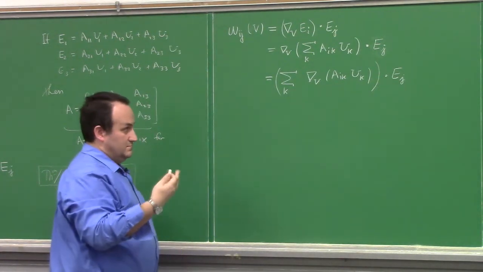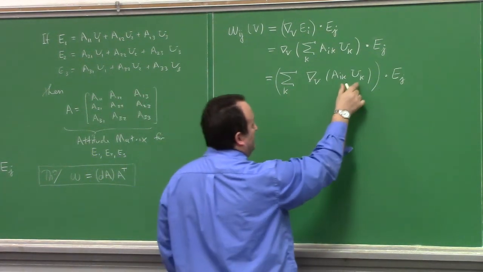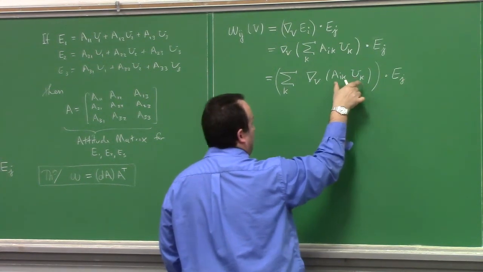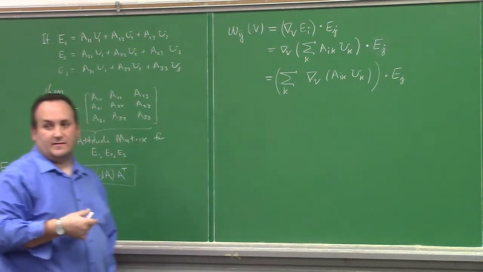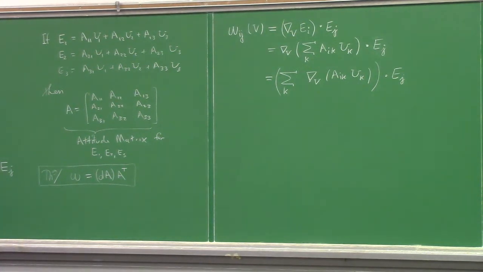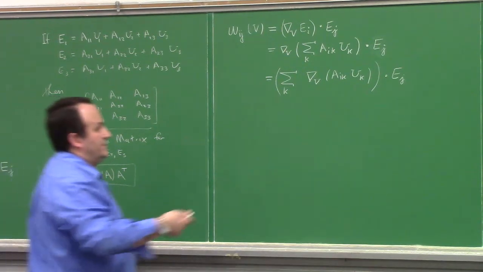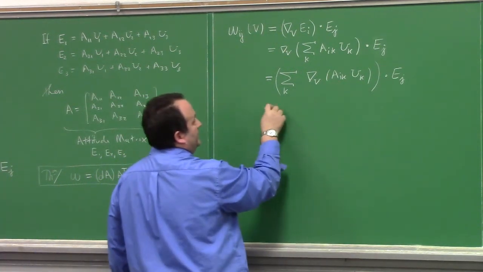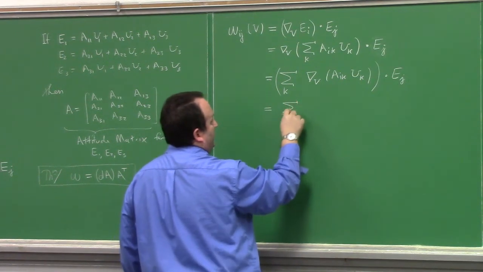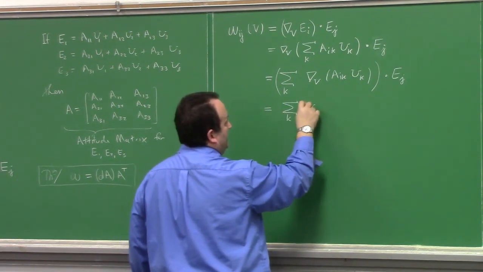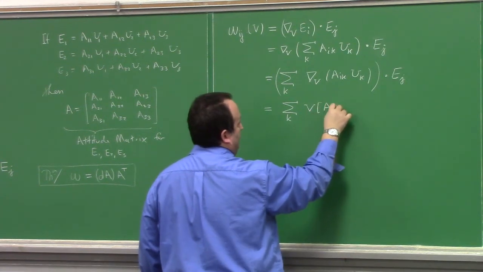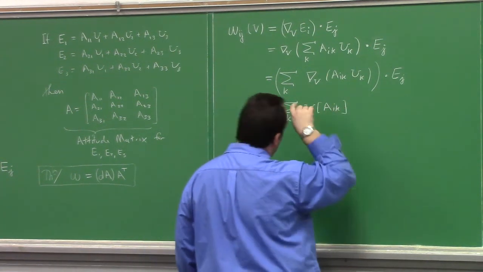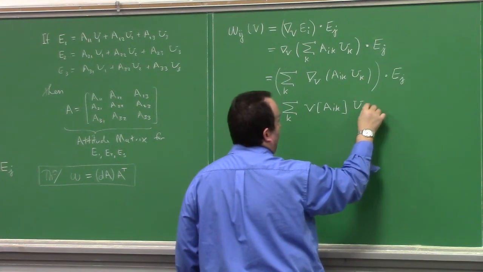Now, this is a vector in Cartesian form, so we can fall back to our basic thing, which was the covariant derivative of a vector field in a Cartesian basis. We just take V and act on the formula. So that's the sum over K of V acting on A_IK, times UK dot EJ.